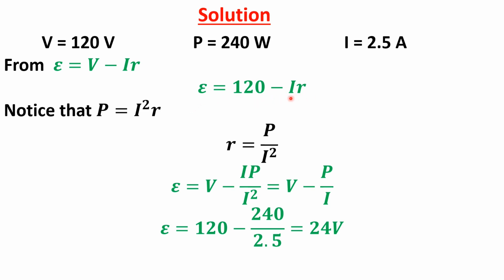We cannot continue our replacement since we are not given the quantity R. Notice that P is equal to I squared R, so making R subject of the formula, we obtain P over I squared. Replacing R in the expression for epsilon, we obtain epsilon equals V minus I times P over I squared, and hence epsilon is equal to V minus P over I. Therefore, replacing V by 120, P by 240, and I by 2.5, we obtain epsilon equal to 24 volt.